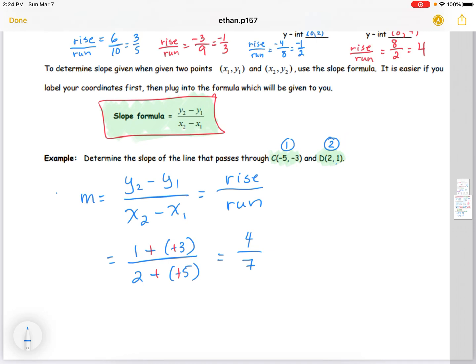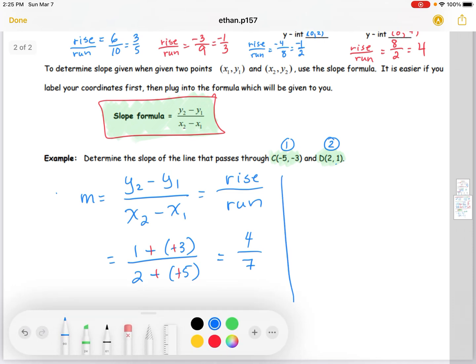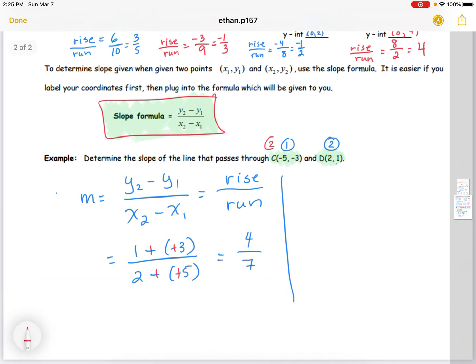Now, it would work the same if I did it the other way around. If I made the opposite points, my points 1 and 2. So if I made this point 2 and this point 1, I'm still going to get the same slope, and I'll show you. So y2 minus y1 over x2 minus x1.